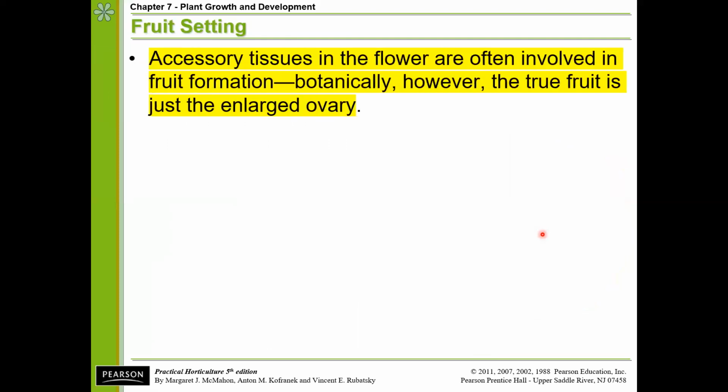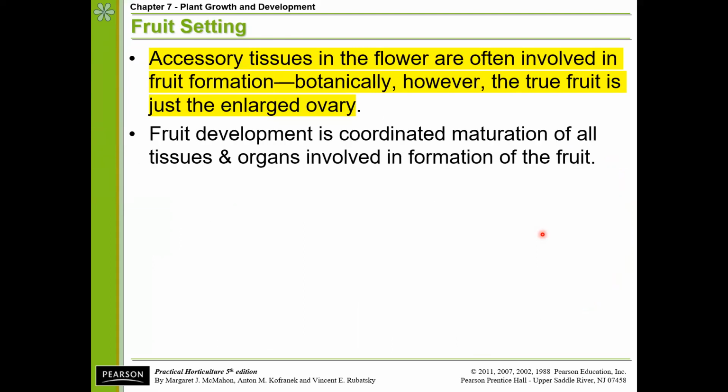So when we have the formation of fruit, we have all these accessory tissues that are involved, and usually that's what we're eating. Like in the watermelon, we're eating kind of this accessory tissue and not the true fruit itself, because the true fruit is just the enlarged ovary, part of the seed coat.